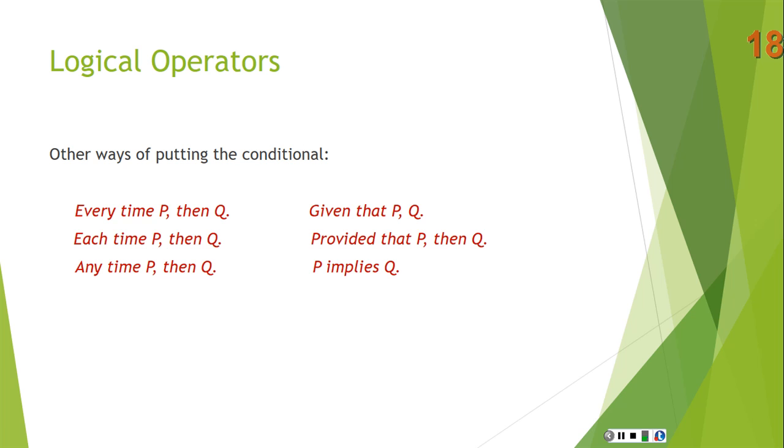You should learn some of those other ways of putting the conditional into English. When you translate them into propositional logic, it's going to be the same way every time. It goes antecedent, horseshoe, consequent. So every time P, then Q would be translated as P, horseshoe, Q.